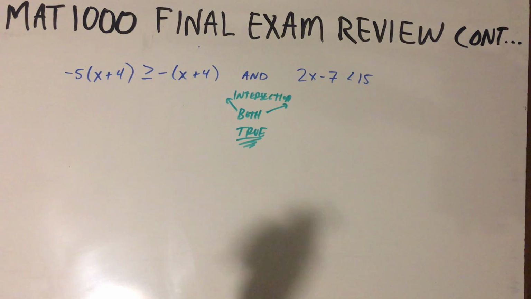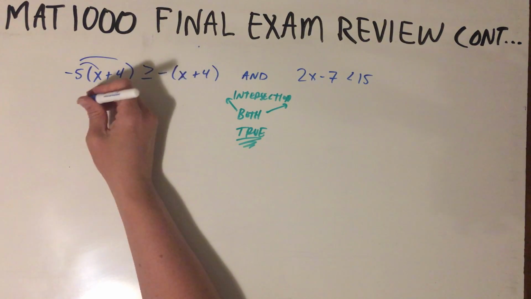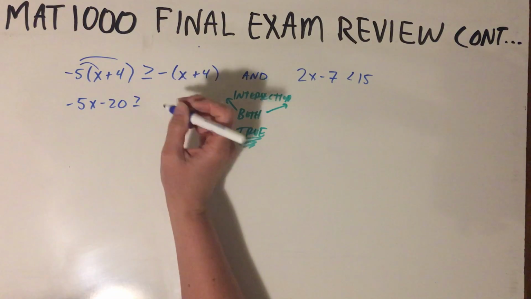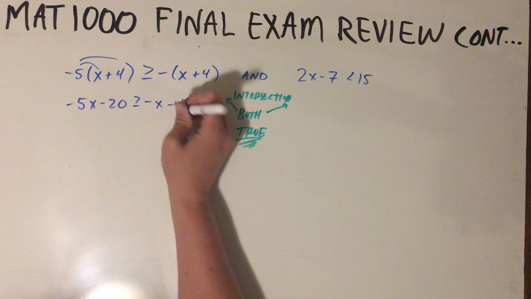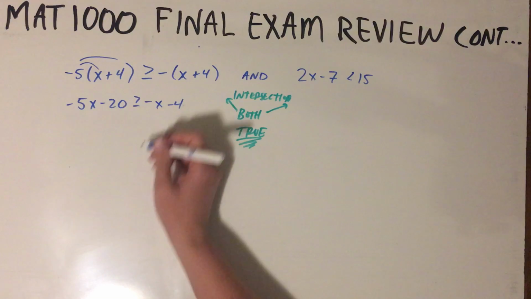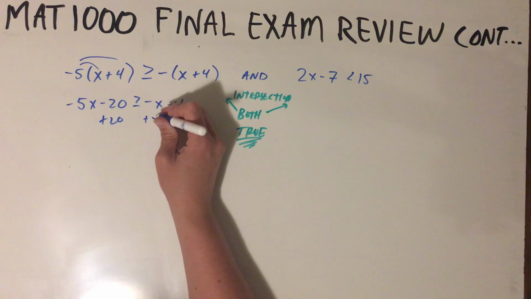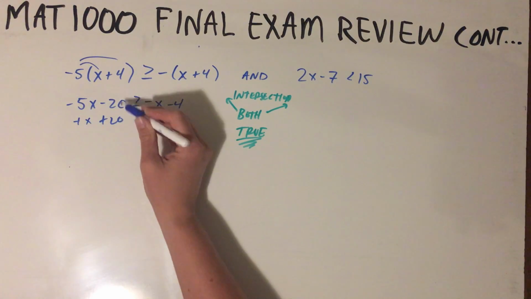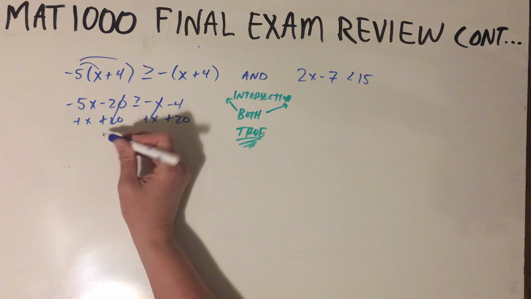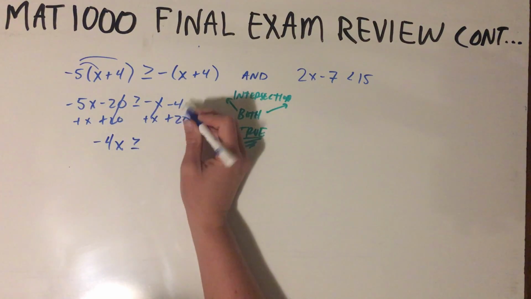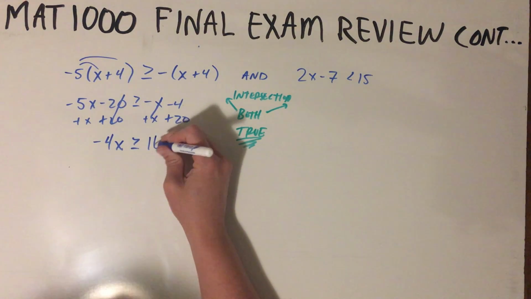And we're going to get, when we distribute here, a negative 5x minus 20 is going to be greater than or equal to a negative x minus 4. I'm going to move the 20 over and the x over here. So those sum to 0 and those sum to 0. So we have a negative 4x is greater than or equal to 16.